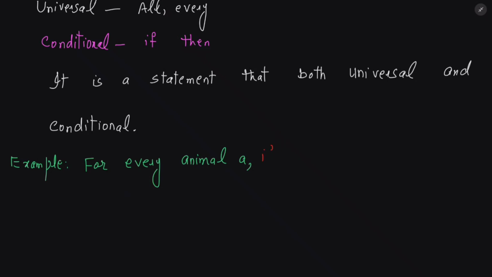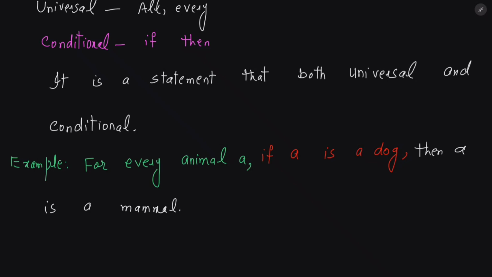If A is a dog, then we can conclude that A is a mammal. So this is a universal conditional statement.